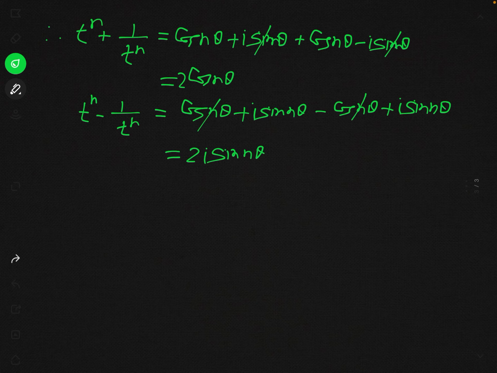Now we have evaluated the values of t raised to the power n plus 1 over t raised to the power n and also t raised to the power n minus 1 over t raised to the power n. Now we will substitute all these values in the RHS of equation 1.